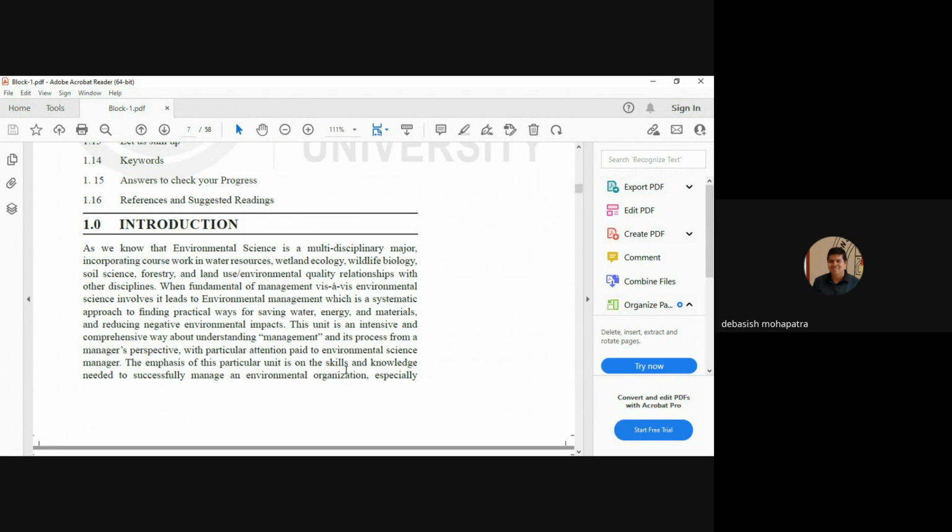Environmental science leads to environmental management, which is a systemic approach to finding practical ways of saving water, energy and material. Obviously, when you are trying to save something, we have to manage it. Only then can we save it. Without managing it, we cannot save it.